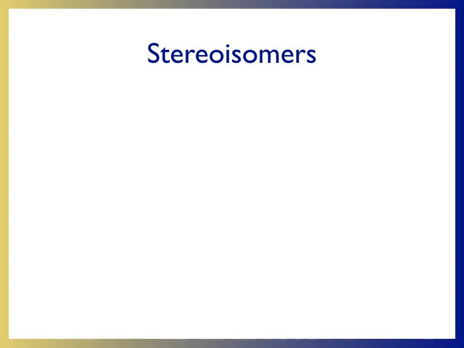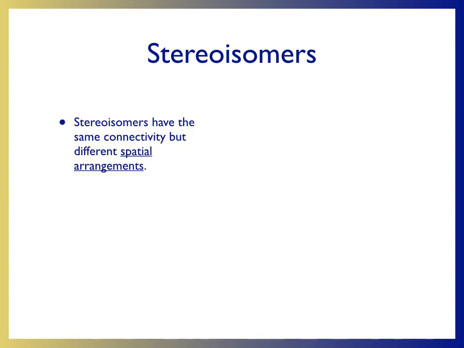Now we're going to take a look at stereoisomers. Stereoisomers are interesting because everything is bonded the exact same way in each transition metal complex. That is, if you count up the different types of bonds in both isomers, they're going to be the same.